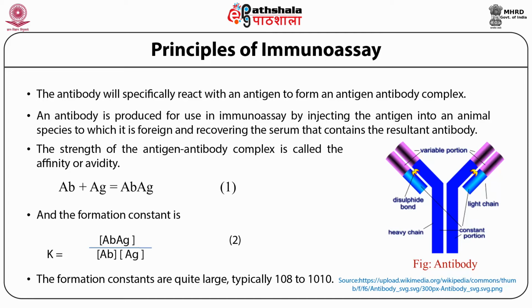The binding forces are quite weak, van der Waals, electrostatic and hydrophobic, but there are many binding groups. The bonds are broken and the complex dissociated by addition of salts or by increasing pH, temperature or solvent polarity.